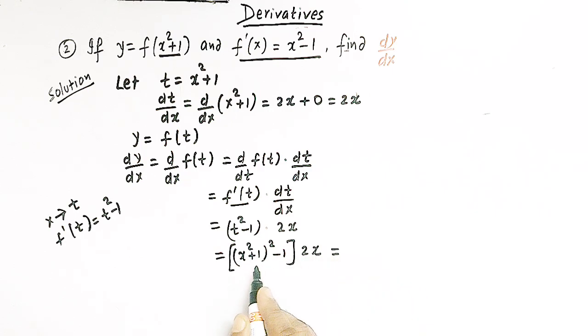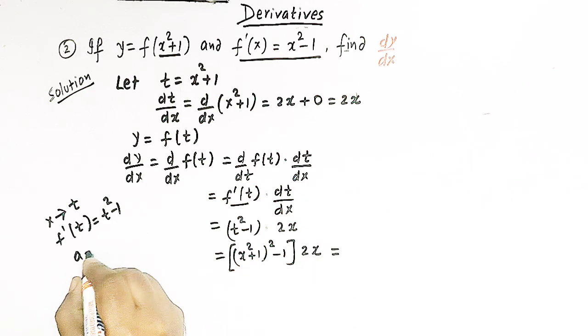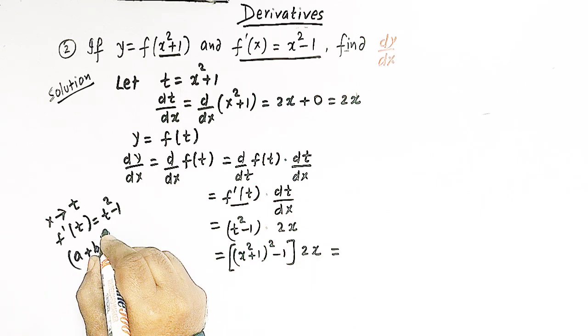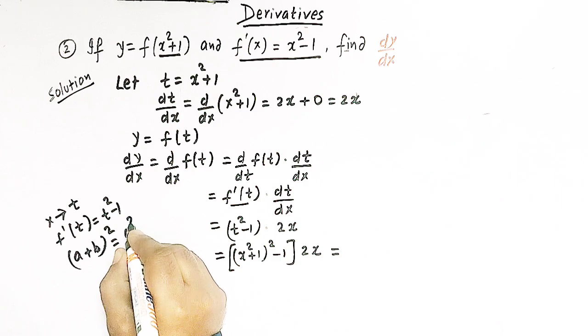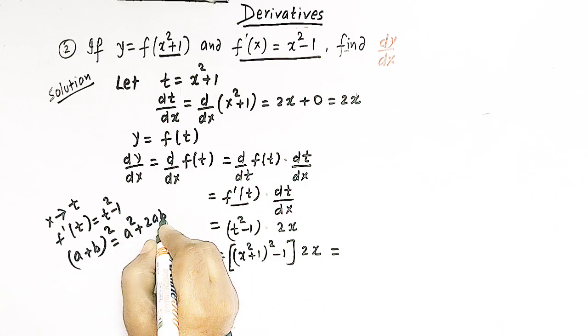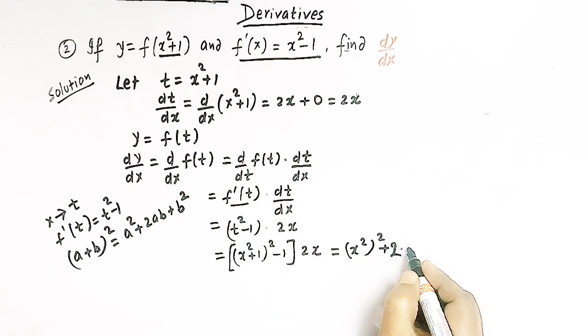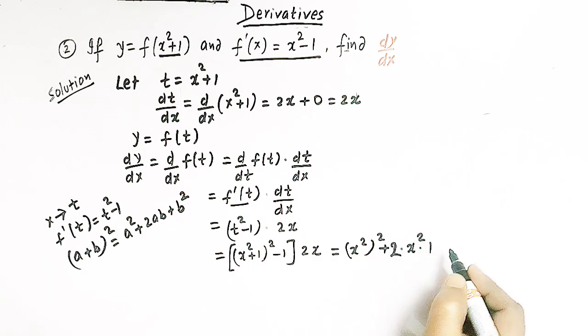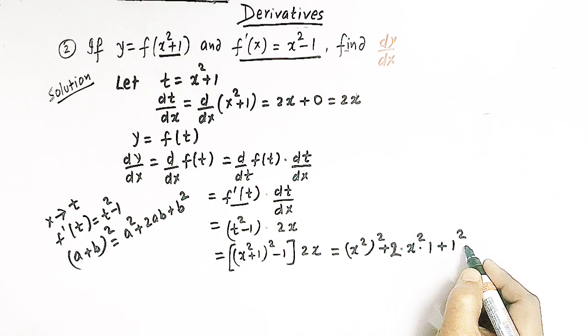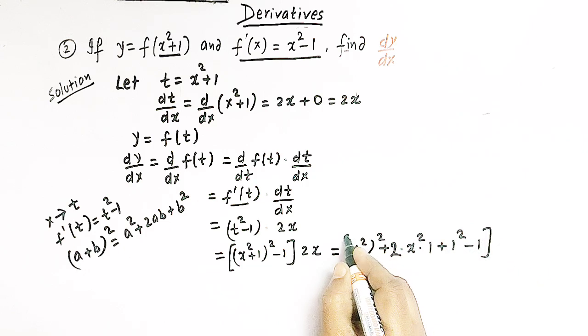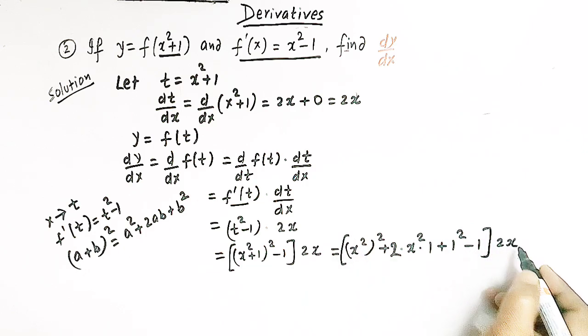Let us simplify it by applying the identity a plus b whole square is equal to a square plus 2ab plus b square. So here we have x square whole square, then 2 times x square times 1, then 1 square, and here we have minus 1, and 2x.